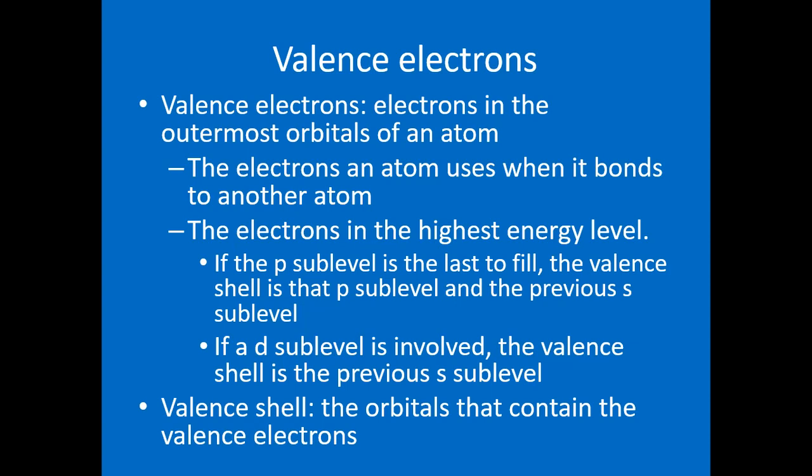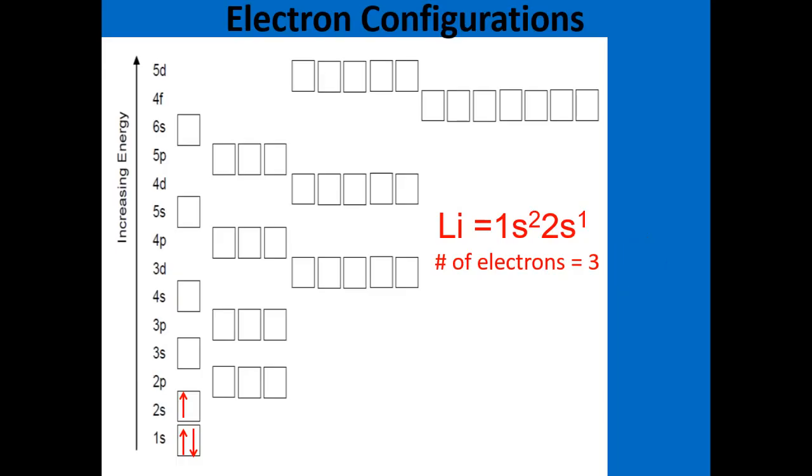And what we just mean is the valence shell is the orbitals that contain the valence electrons. And if I were to ask you how many valence electrons, it's the number of electrons in the valence shell. So if we take a look at lithium, the last orbital that we filled was the 2s.